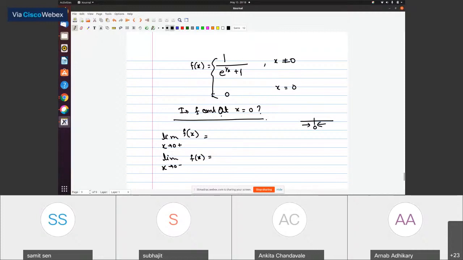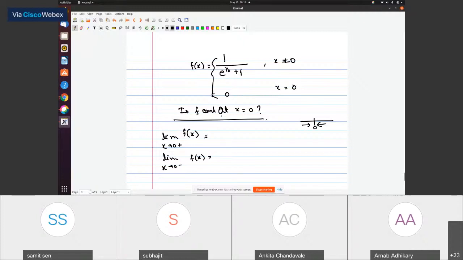Whatever you are telling, this e to the power 1 by x term is 0. So 1 by 0 plus 1 is coming as 1. Or I am making a mistake, I don't know.